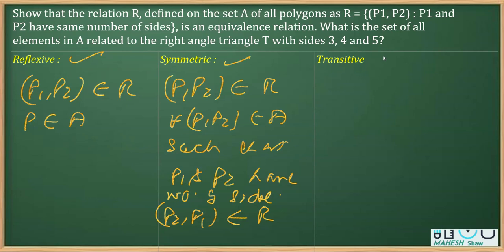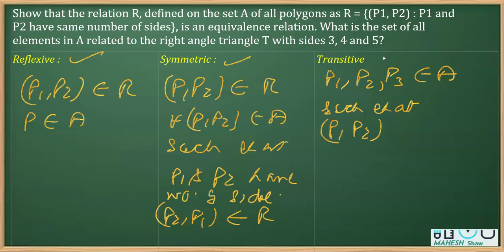For transitive, let's say I took 3 polygons, P1, P2, P3 are their names, that belong to set A, such that P1 and P2 have the same number of sides, and P2 and P3 have the same number of sides.